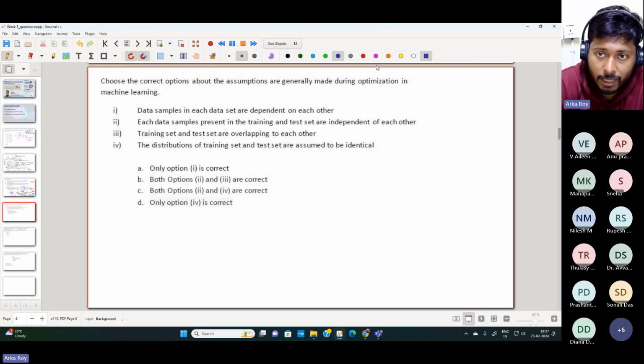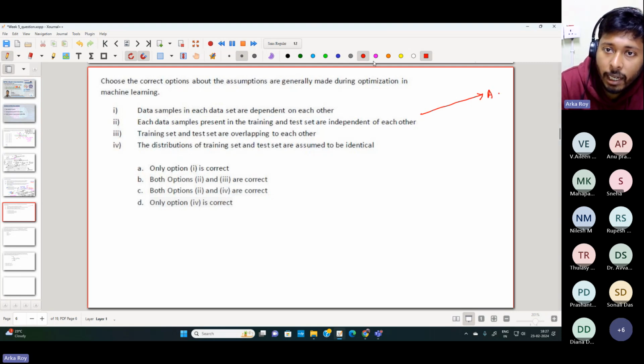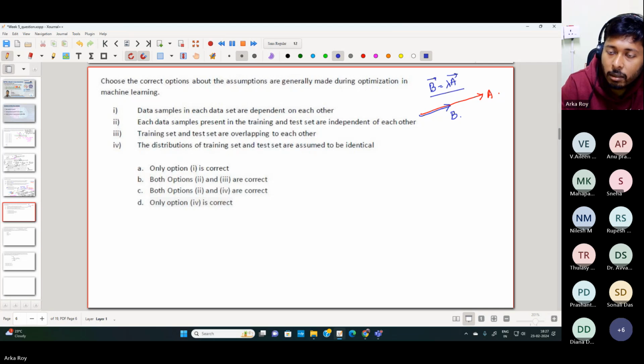From the very beginning of the live sessions, I showed you one such example. Let us consider this is a vector from class A, and this is a vector from class B. These two vectors are dependent because I can write B as lambda times A, isn't it? They are collinear, so there will be a scaling factor.